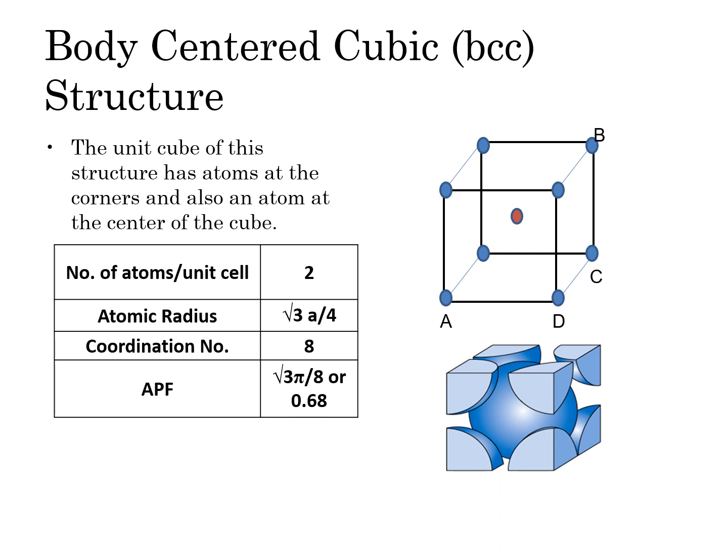Therefore, it is 8 into 1 by 8 plus 1 center atom. Therefore, 1 by 8 into 8 plus 1. Therefore, it is equal to 2 atoms. We have to calculate the coordination number. Here the coordination number is 8.